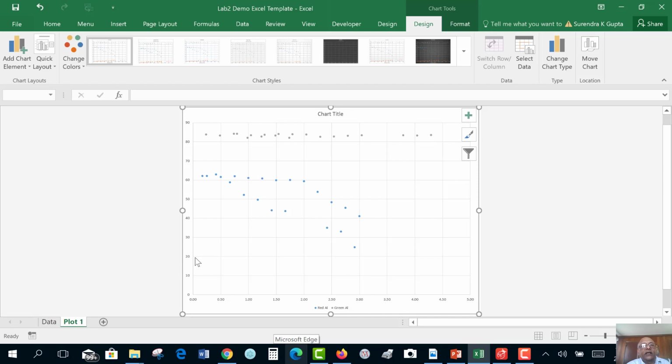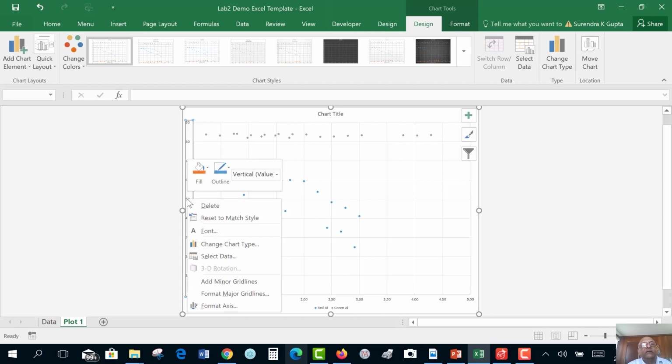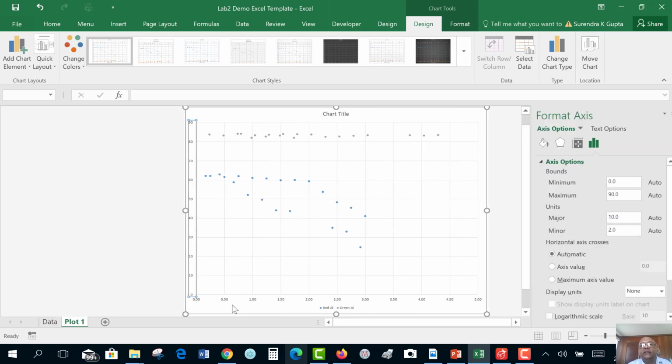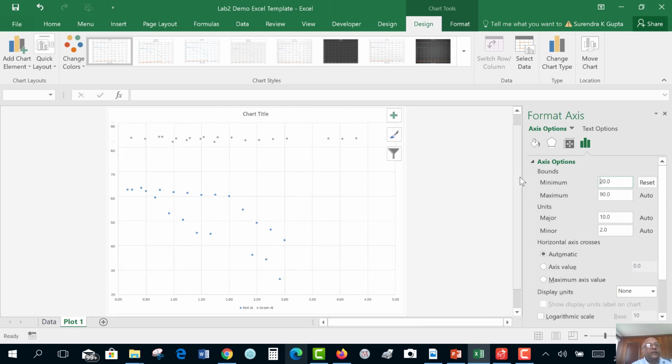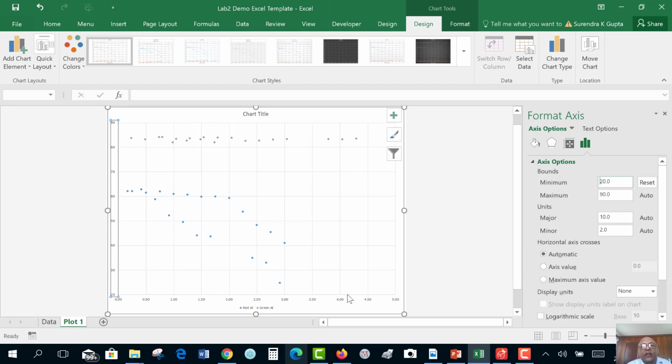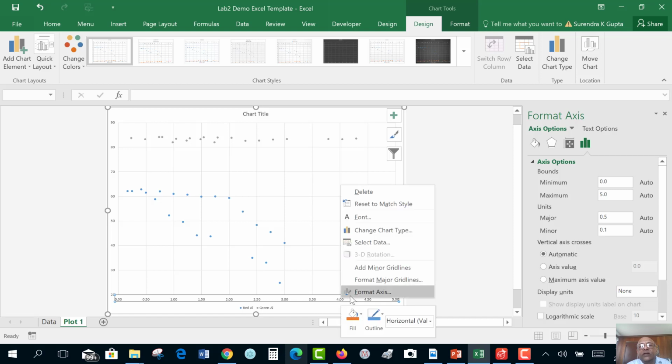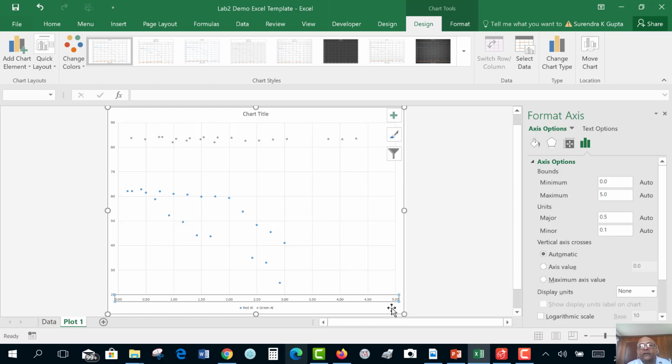Also notice here our hardness values go from something like 20 to about 90. So let's format this axis, say 20 through 90. Also our x-axis, first of all, has too many decimal digits.